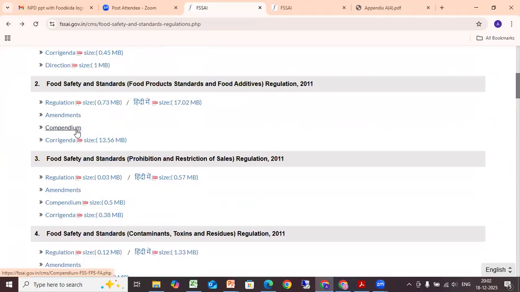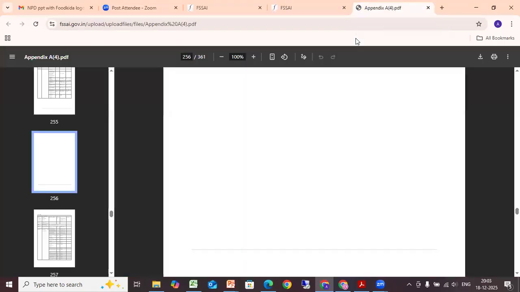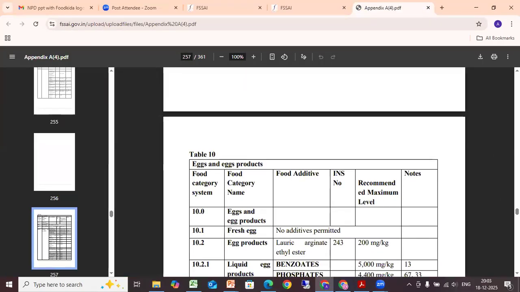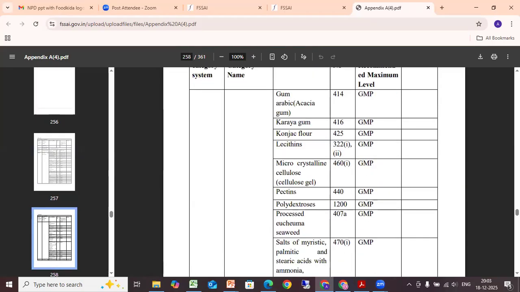When you open the compendium, you get Appendix A4, and once you open it, you get all the food categories. Milk category is also there. You get the food additives which are allowed in that food category and their maximum range. Everything is available there.